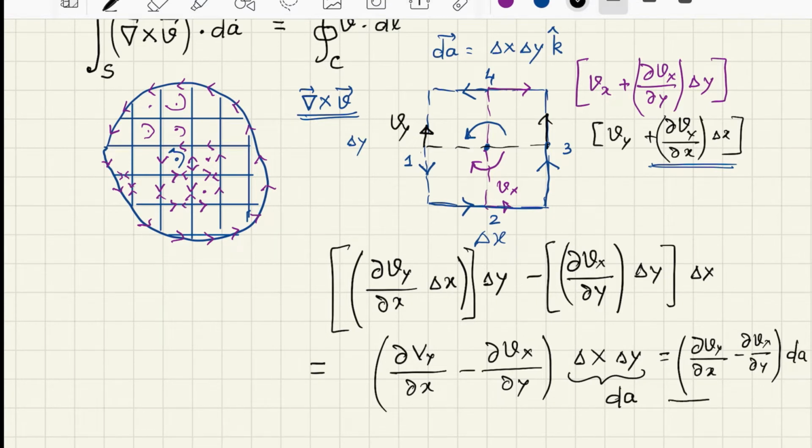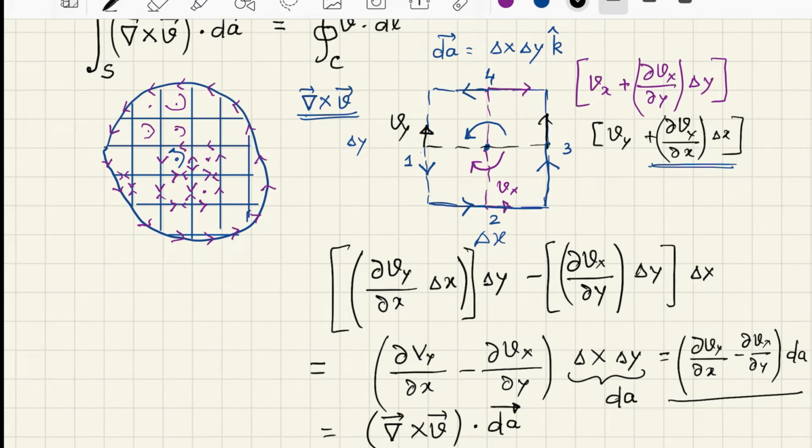This clearly reminds us that this is nothing but the z component of del cross V for this particular case, because dA is in the z direction.